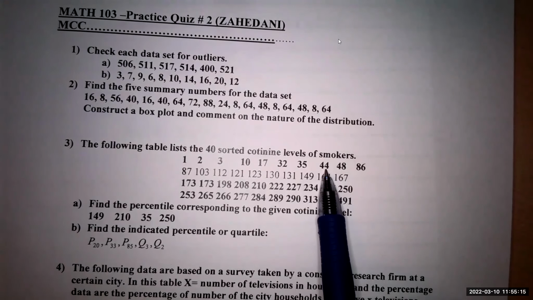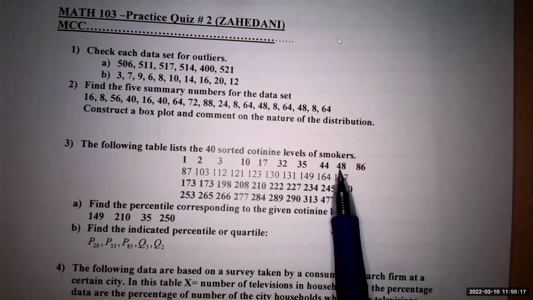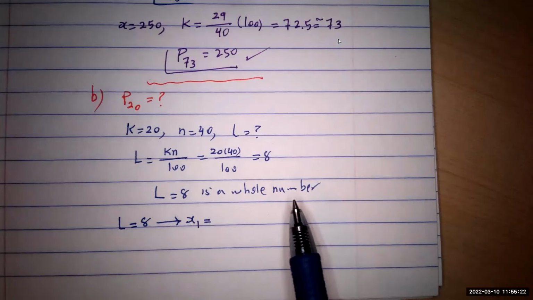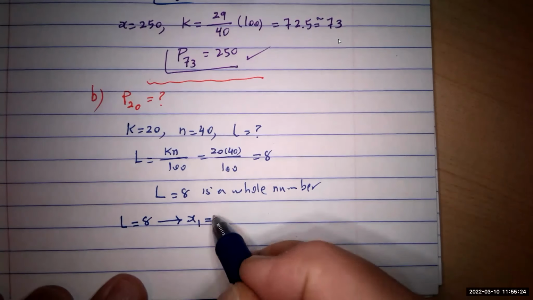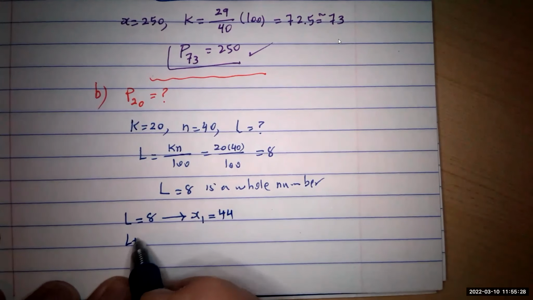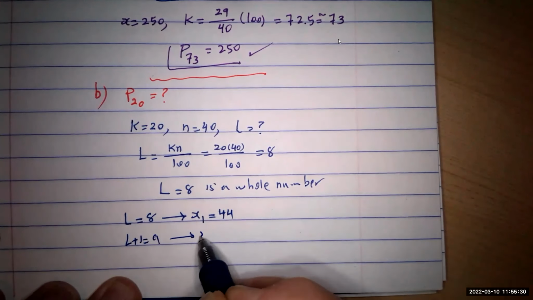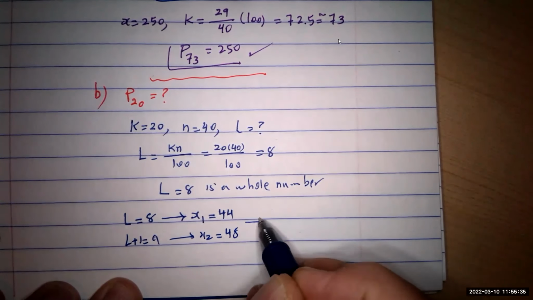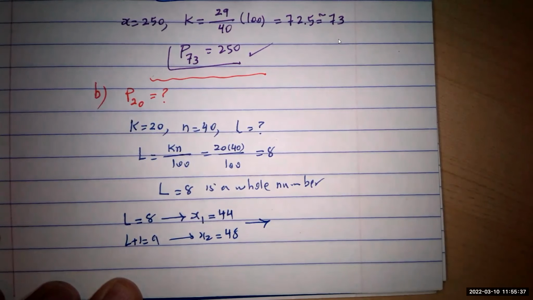It's a 44. And you pick the number in the 9th position, then you find the average. So it's L, which is 44, then L plus 1, which is 9. That gives you 48.